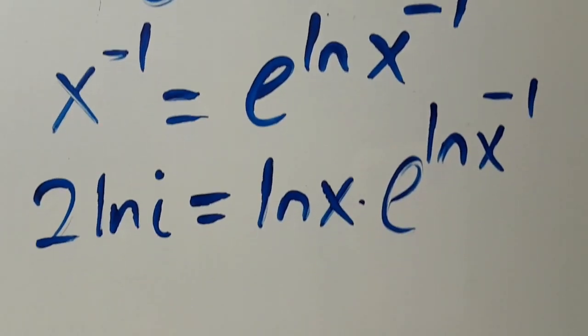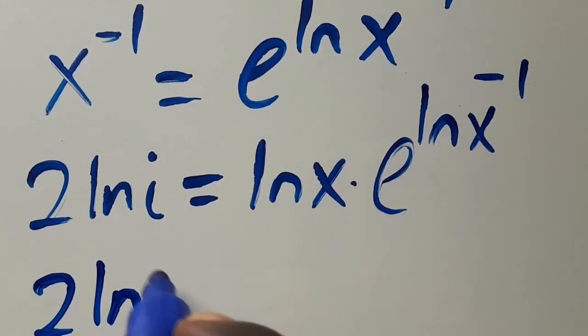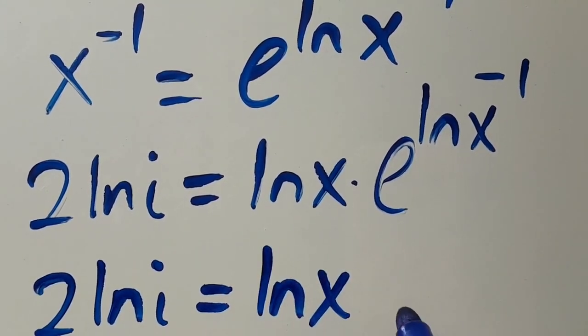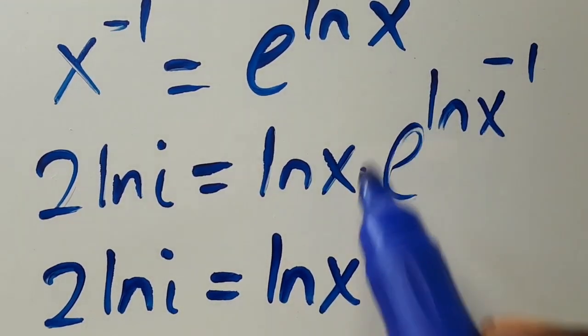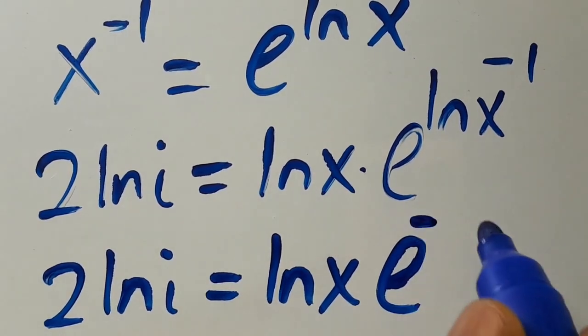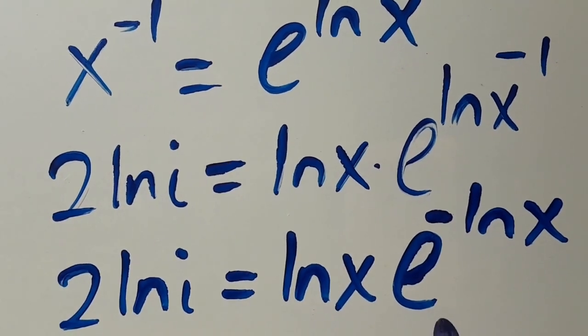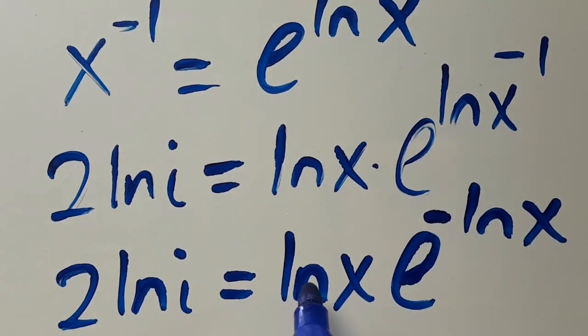Then from here, we have 2 ln of i equals ln of x, then e to the power of this negative will come down to the base as minus ln of x. Then the next thing is, let's make sure that the power and the base here are the same.